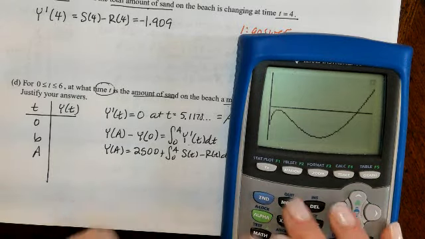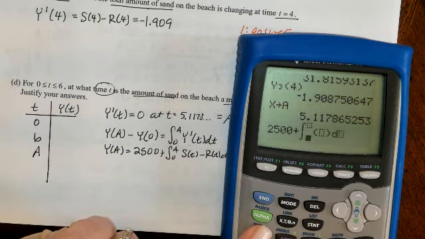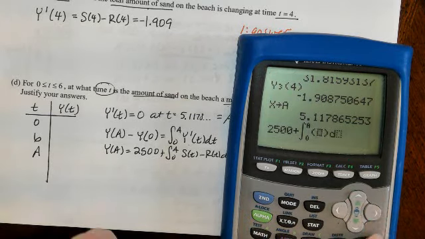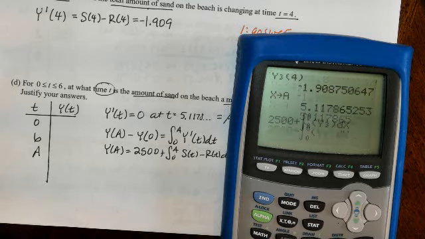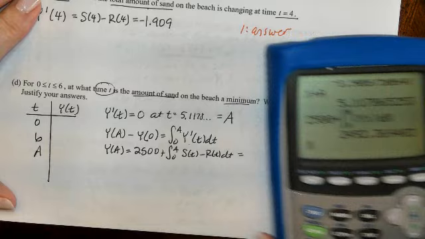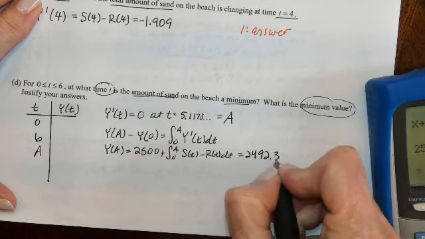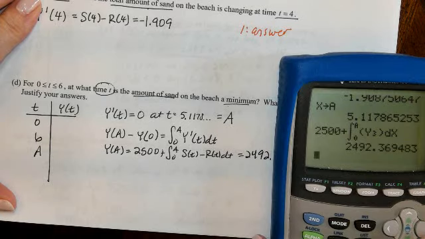So I have 2500 plus the integral from 0 to A of my y prime. This will be the minimum amount of sand on the beach in this time interval. So 2492.369, and that's the only acceptable answer there.